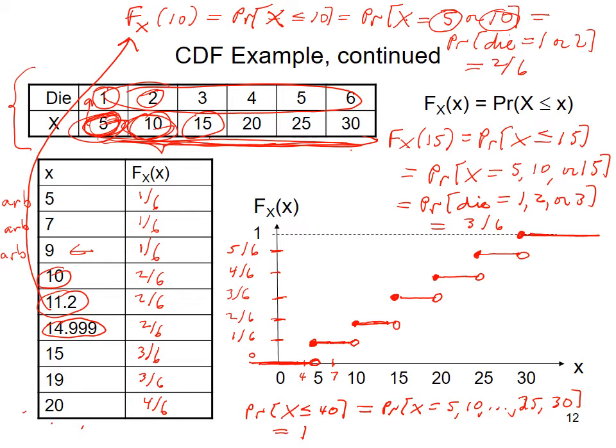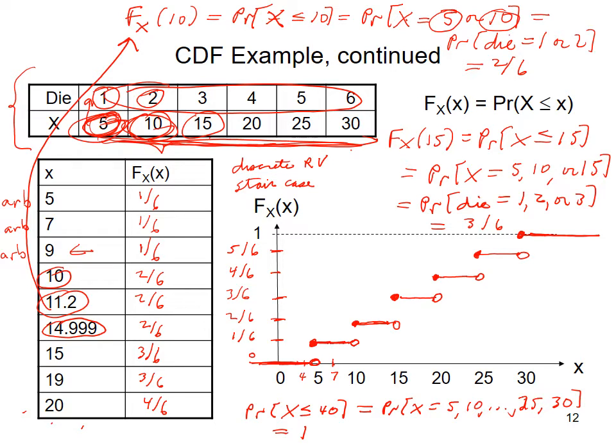All right? So if we look at that, what's happening is this is an example of what we call a discrete random variable because it only takes, in this case, a countable number of values, 5, 10, 15, 20, 25, 30, and the shape of the CDF, so let's write a little note here, that this is an example of a discrete random variable, and the shape of the CDF is a staircase. F_X of x.